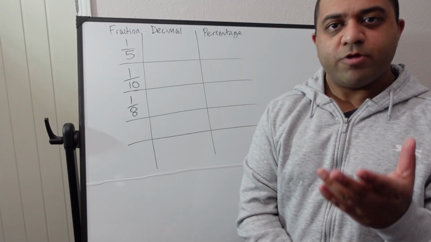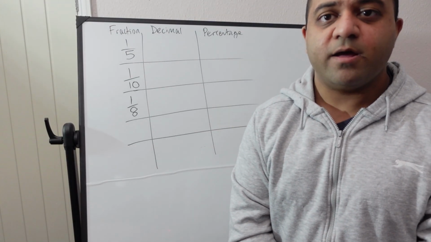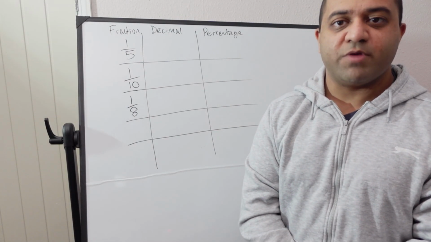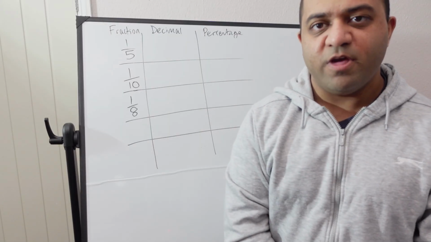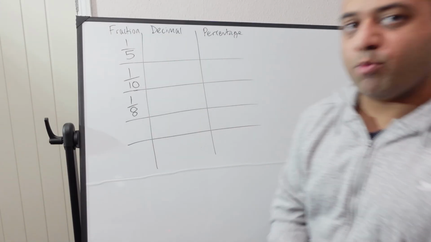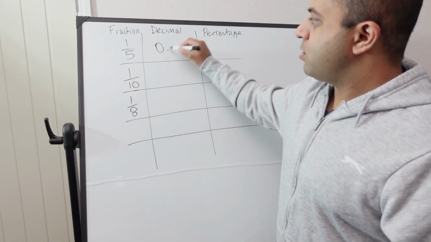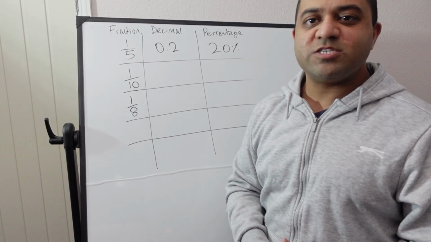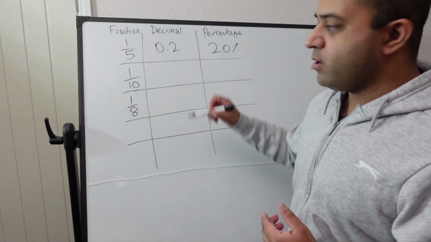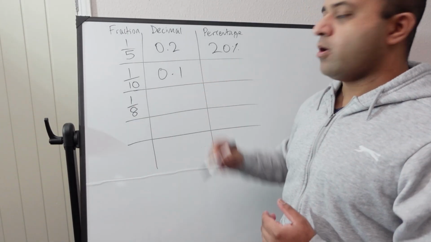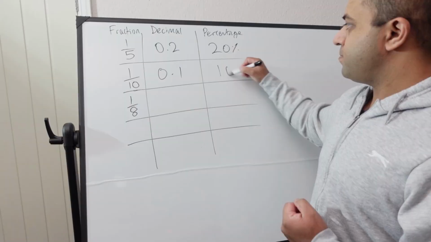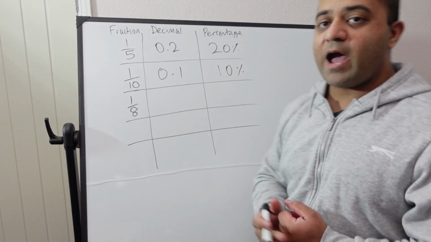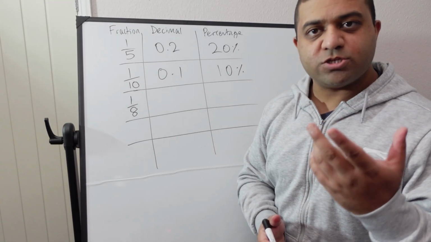Okay, the next percentages that we'll take a look at are going to also be very useful. 1/5 is equivalent to 0.2, which is 20%. 1/10 is 0.1, which is 10%. And 1/8, let's do some long division.